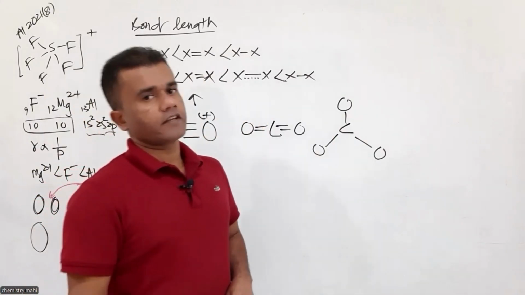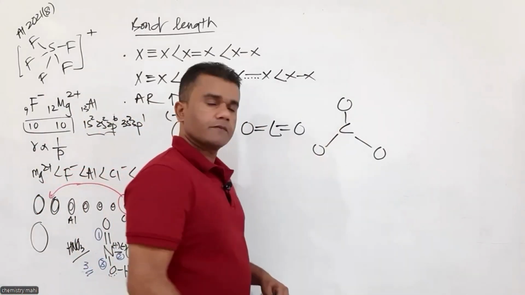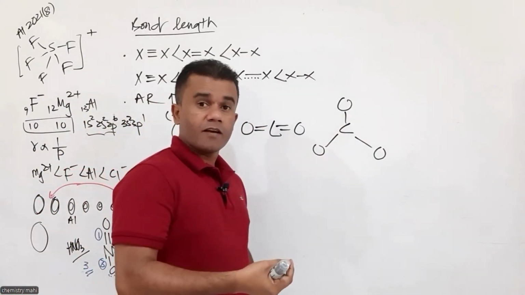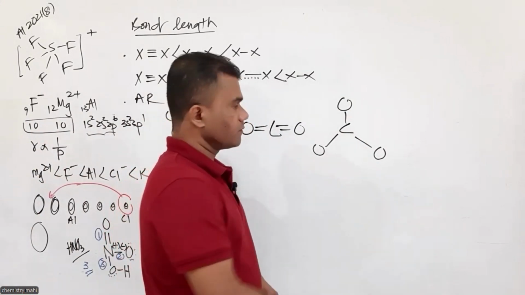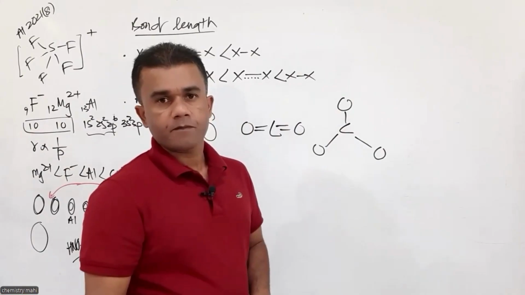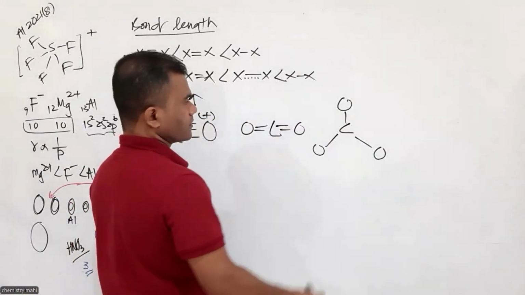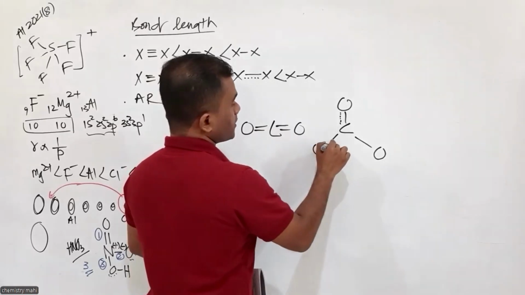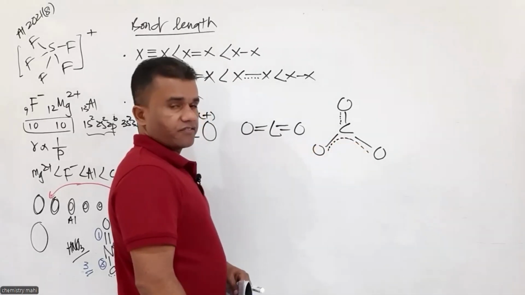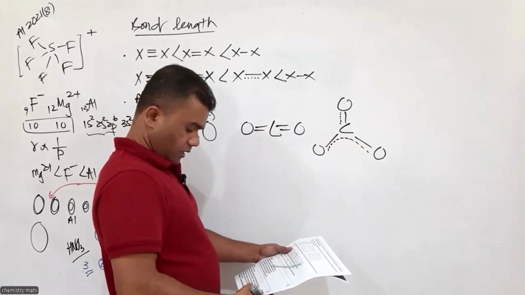When you consider 3 resonance structures, sometimes this bond is single, sometimes double. Sometimes this is single, sometimes double. Sometimes this is double, this is single. Did you understand it? All these bonds are not pure single or pure double, but somewhere in between single and double. When you consider the resonance hybrid, you see that.